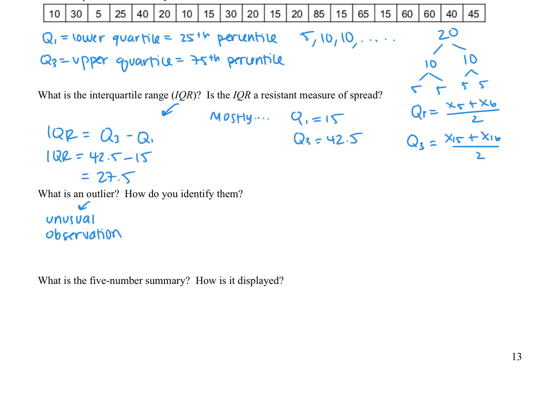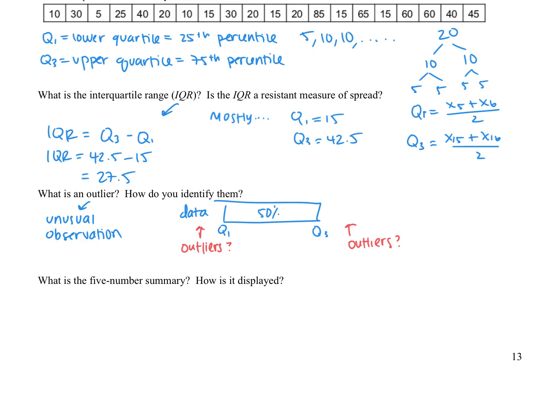Okay, here is the deal with identifying them. If you picture your data set, 50% of the data is going to be between Q1 and Q3. So outliers are potentially bigger than Q3 and lower than Q1. Now, it's not anything lower than Q1, right? 25% of the data is below Q1.